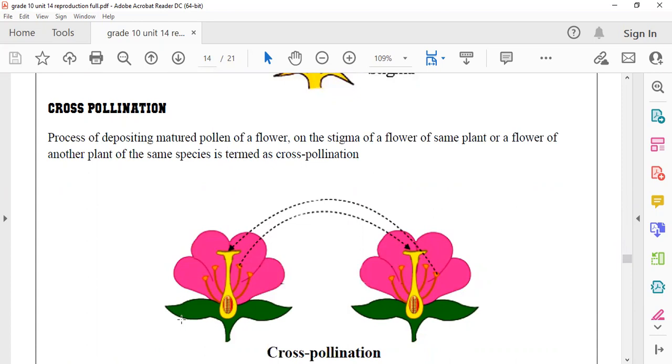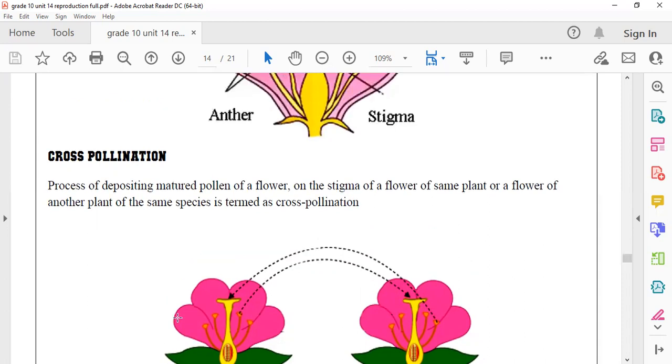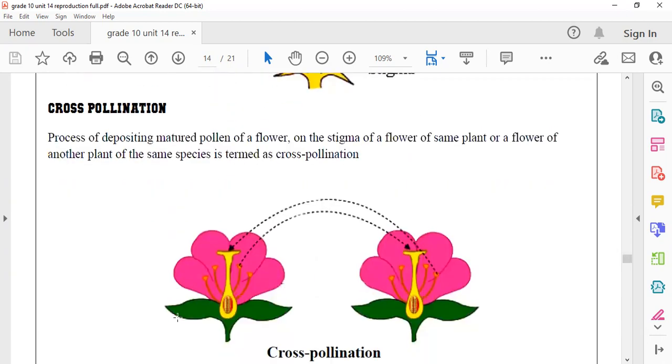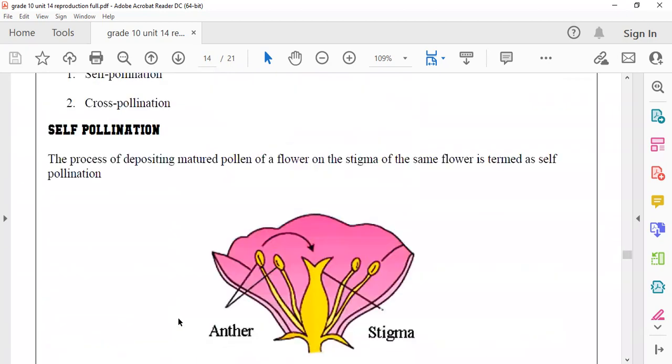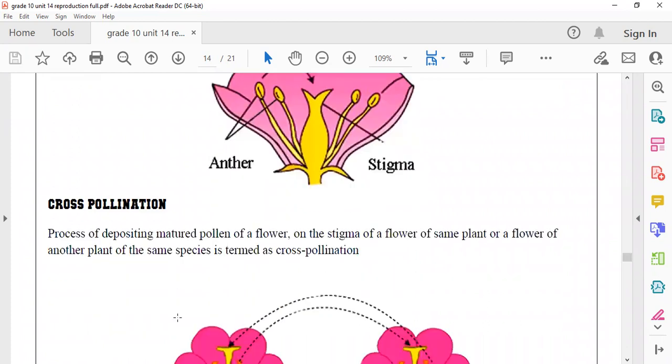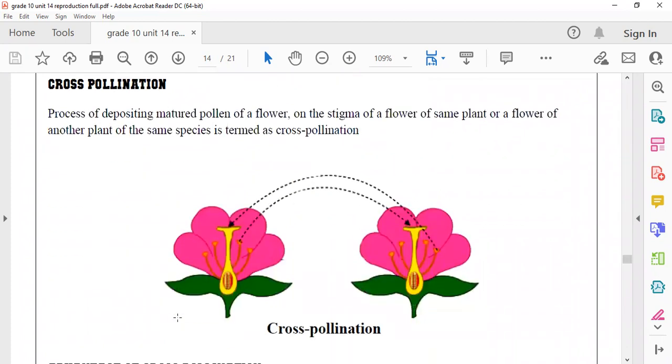If it is going to another flower, then it comes under cross-pollination. So in cross-pollination, two flowers are involved. In self-pollination, only one flower is involved. You have to write the definition for self-pollination, the definition for cross-pollination, and you have to draw the relevant pictures.